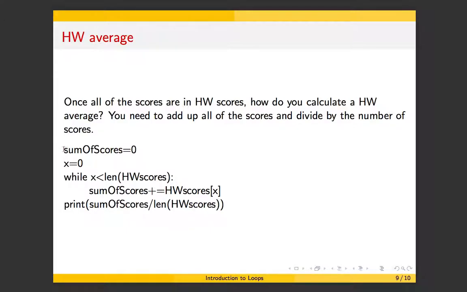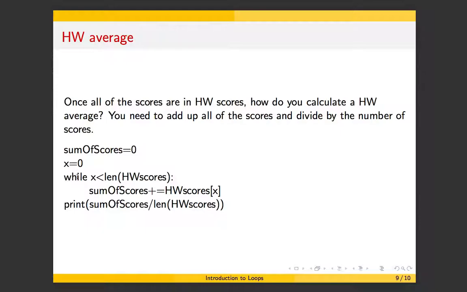Okay, so it looks like this. You create a variable that I'm going to call sum of scores. And that sum is 0 right now because I haven't added any scores to it, right? And I'm going to create this variable x here that's basically just going to be a counter variable or an index variable. It's just going to let me go through the list of homework scores and record what my score is.